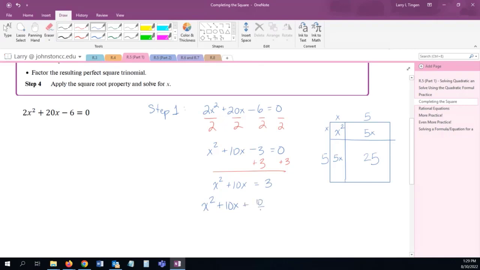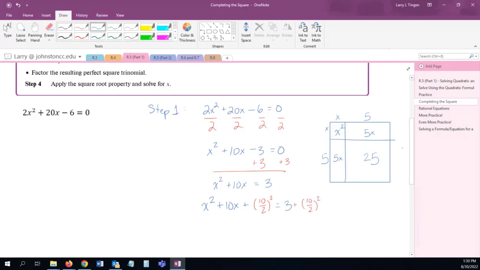So take 10 divided by 2 and then square it. Now, I can't just go adding things whenever I want, wherever I want. I have to follow some rules, and those rules are cut b in half and square it. But if I do it to the left side, I have to do it to the right side as well. Plus half of b squared.